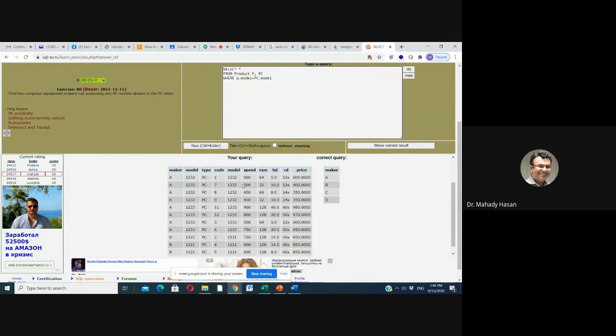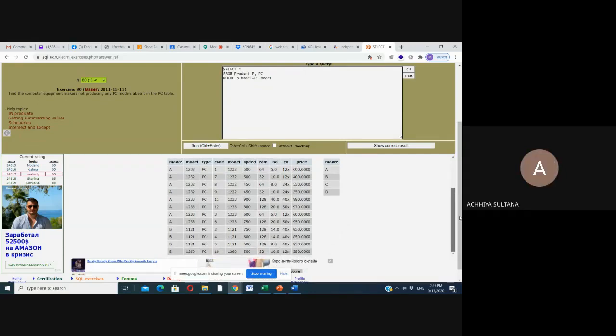Why has the model repeated so many times? Because each of these models has separate configurations, right? Yes, sir. And pricing too, prices are also different. Code is different.